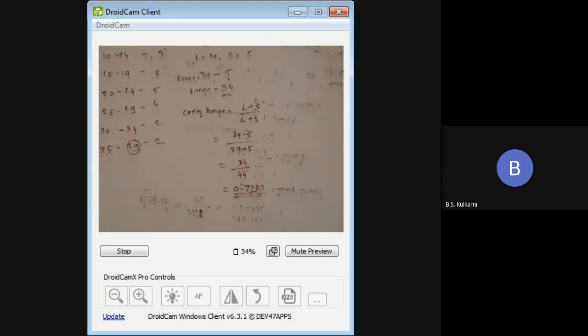Now take the classes as again marks from 10 to 20, 20 to 30, 30 to 40, 40 to 50, and 50 to 60.